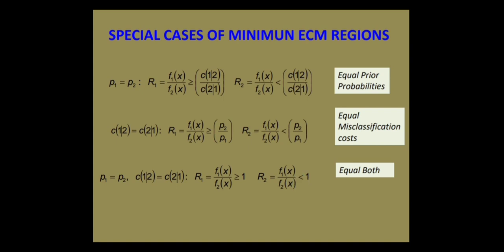So bila kita ada region ni, kita tahu region pertama more than value apa, untuk second region less than value apa. So kita boleh check the new observation, bila kita ada new observation, it will fall in the first region or the second region.